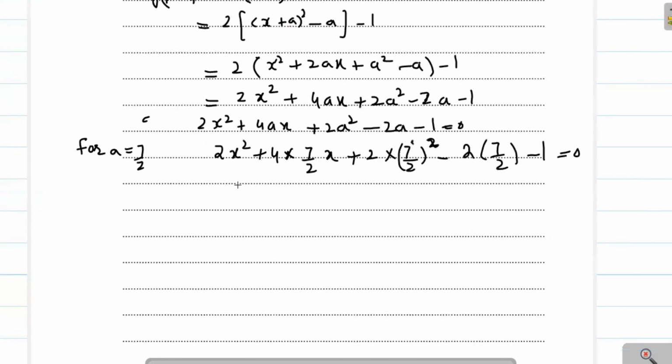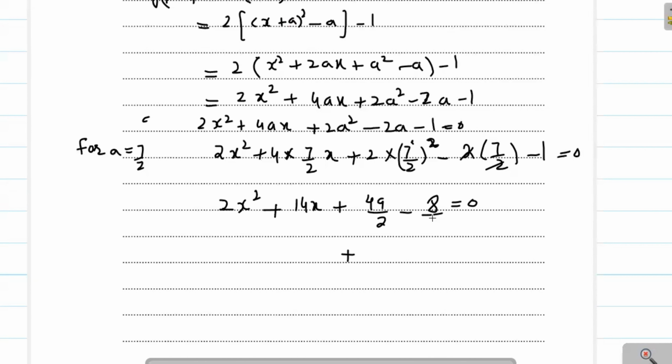Now we can write this expression: 2x squared plus 28 over 2 is 14x plus 2 into 49 over 4, that is 49 over 2, minus 7 minus 1 is minus 8 equal to 0.